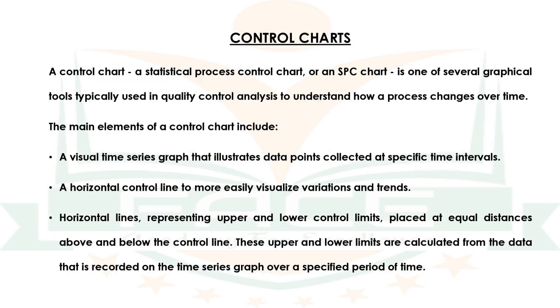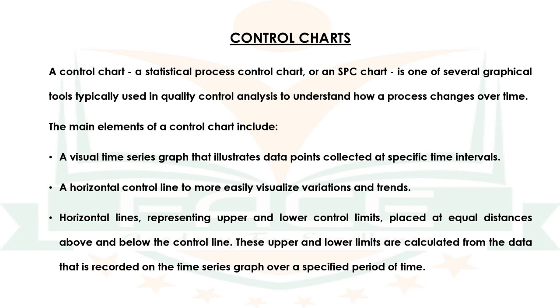Control charts. A control chart, or a statistical process control chart, or an SPC chart, is one of several graphical tools typically used in quality control analysis to understand how a process changes over time.